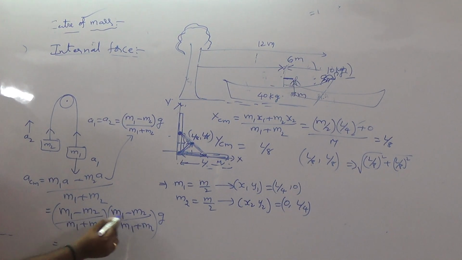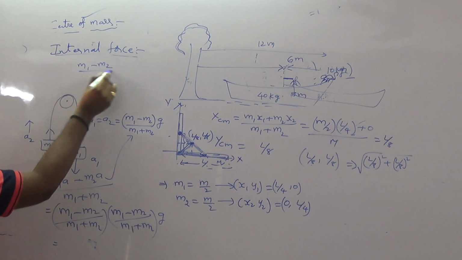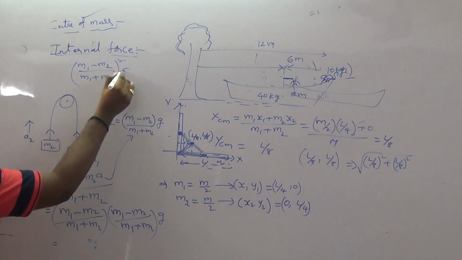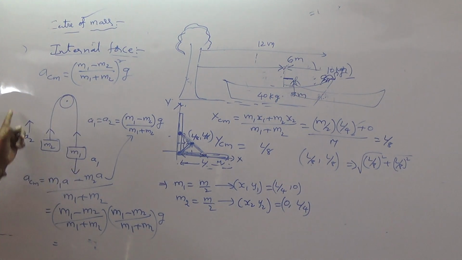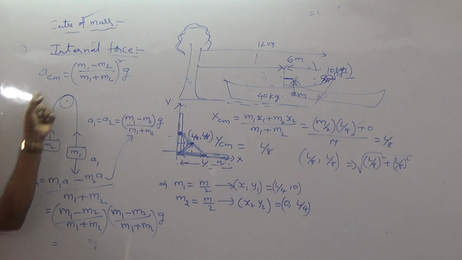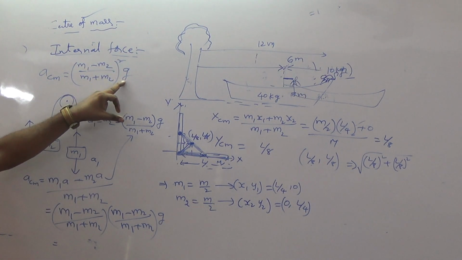So you get the square: m1 minus m2 by m1 plus m2, whole square, into g. That is the acceleration of the center of mass of this total system, m1 minus m2 whole square by m1 plus m2 into g.